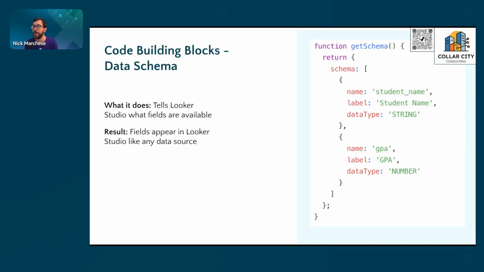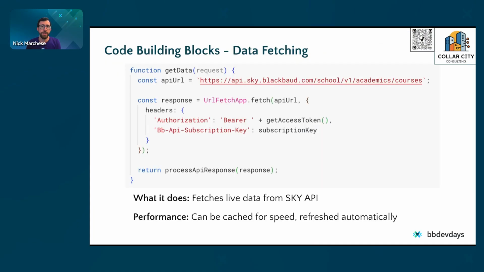So that way it's predefined. It's creating this dictionary between Blackbaud and Sky API and Looker Studio to handle these data conversions. And then some data fetching here within. So again, that's function get data. This is a predefined function that the community connector is looking for.